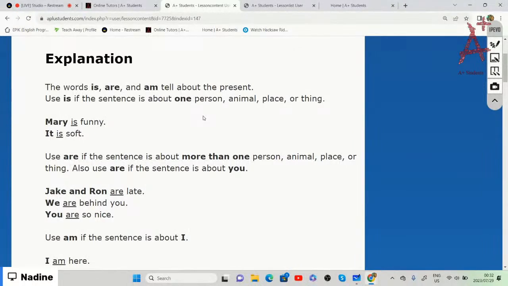It's like saying you are, right? And sometimes we get it wrong by saying you is, but that is not correct, because we need to use words like you are, they are. So you don't say you is. And also when it comes to I, we need to say I am, not I are, I is. You say I am, right?